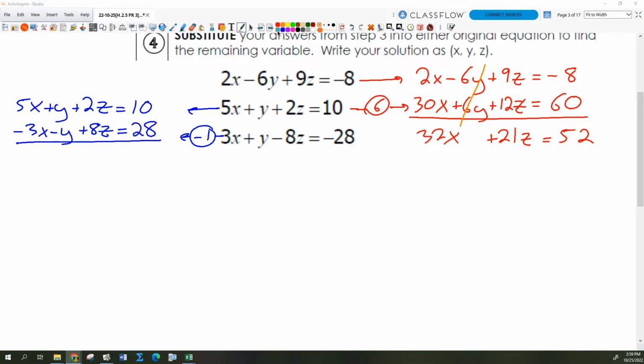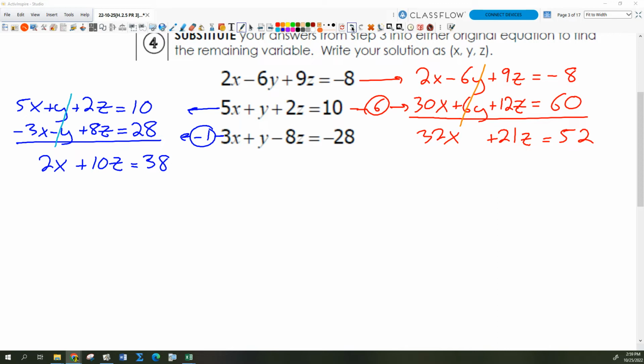Add those up. The y's cancel. And I get 2x plus 10z equals 38.